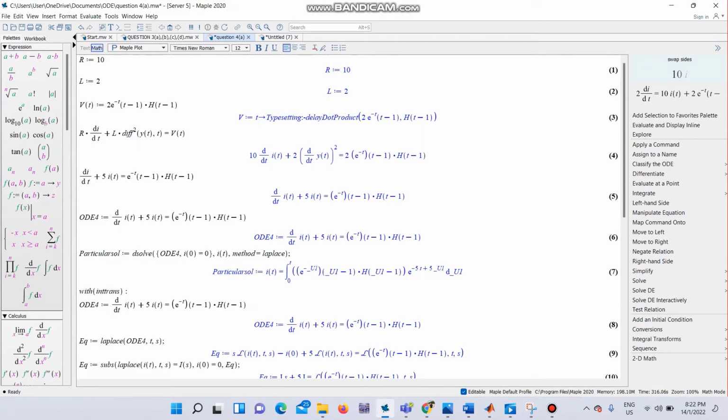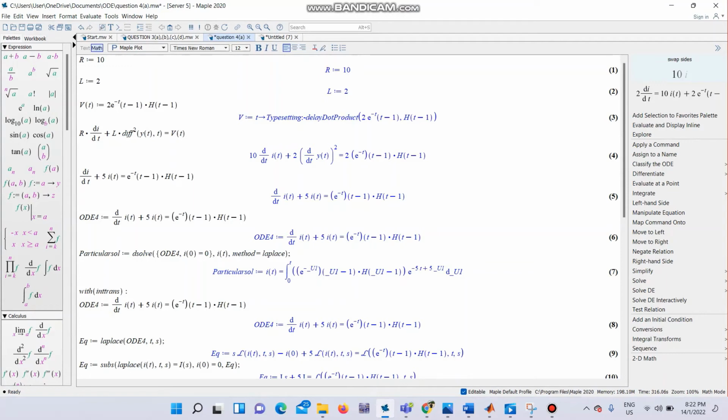Firstly, R equals 10, so the output is also R equals 10, and L equals 2, and v(t) equals 2 e to the power of negative (t minus 1) multiplied by h(t minus 1). So this is the output that we get. The next part is R multiplied by di over dt plus L times the second derivative of y(t), equal to v(t).